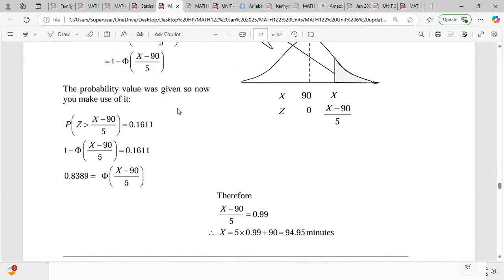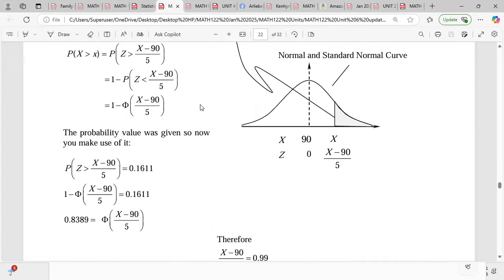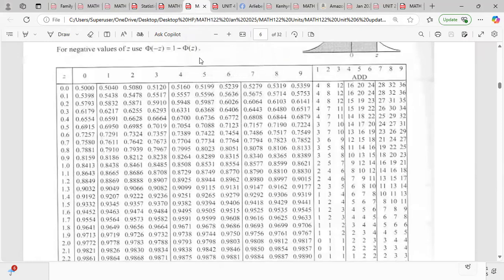There are some algorithms there in this. If you leave them out, you will not be penalized. These algorithms are not totally necessary for you to get your final answer. These are just formalities. Once you subtract your tail probability from 1 to get the big chunk, you use that big chunk to go into the table to get your z value.